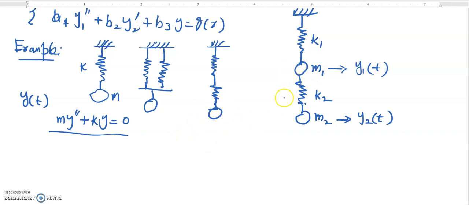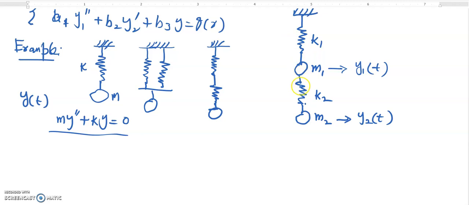So for example, for mass m1, we can see that the motion of mass m1 will actually be affected by these two springs, k1 and k2. For example, if the mass m1 moves downward, there is an extension in this spring k1.